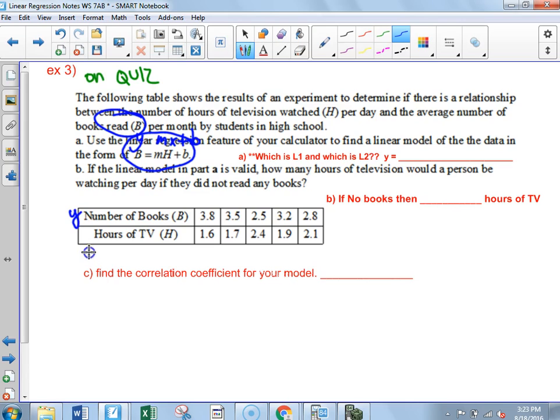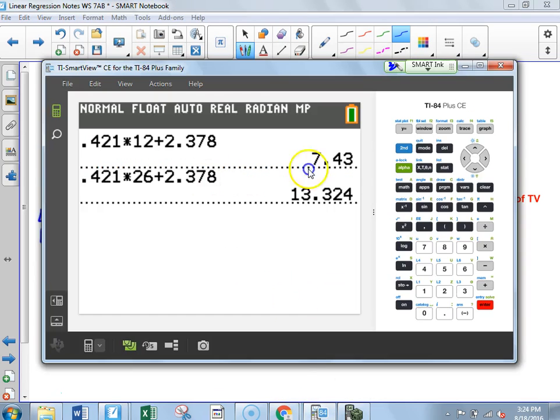I would have. Where should we put it if it's a Y value? List 2. And the X value is the hours, and that we want to put in list 1. So I would have entered it backwards. You can actually fix that several different ways, but it's easier if you just put it in right from the beginning.